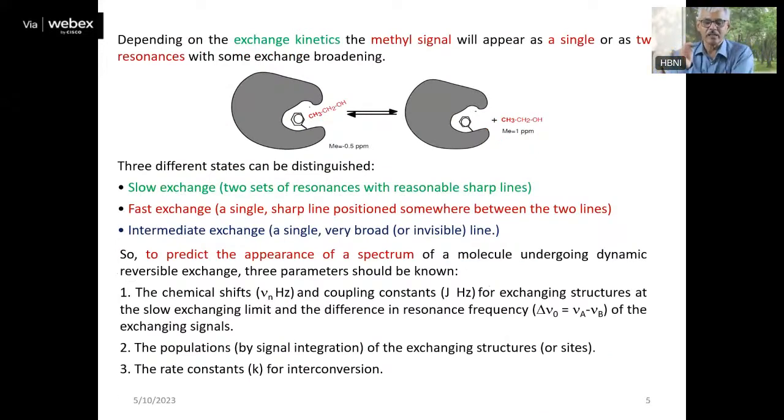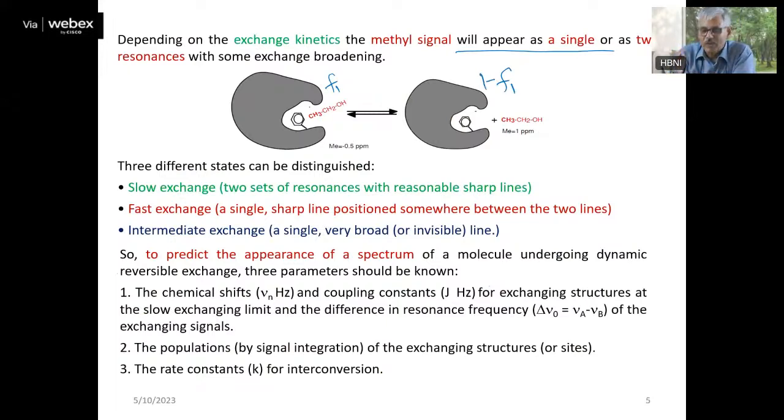The methyl signal will appear either as a single peak, if this exchange is happening very fast, then you will see only a single peak, which is again the weighted average of these two fractions. How much fraction of ethanol is here is F1, and the other is automatically 1 minus F1.